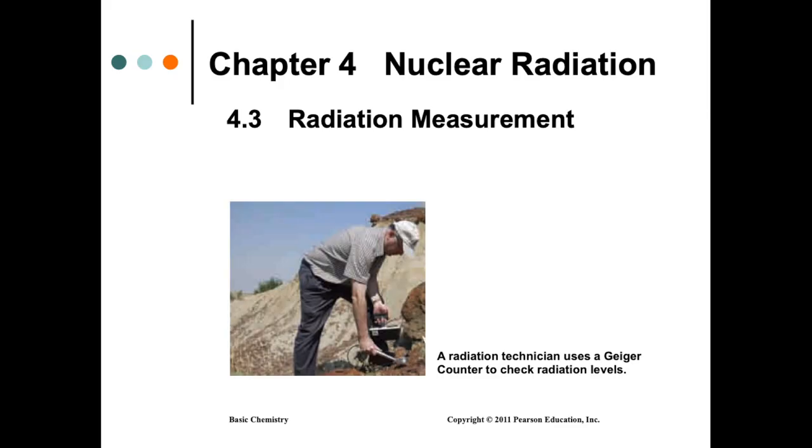All right, so that brings us then to how we measure radiation. The lab that we do this week, you've probably already noticed if you've gone through the lab report, entails, well, the first part entails balancing out some nuclear equations like we just went over.